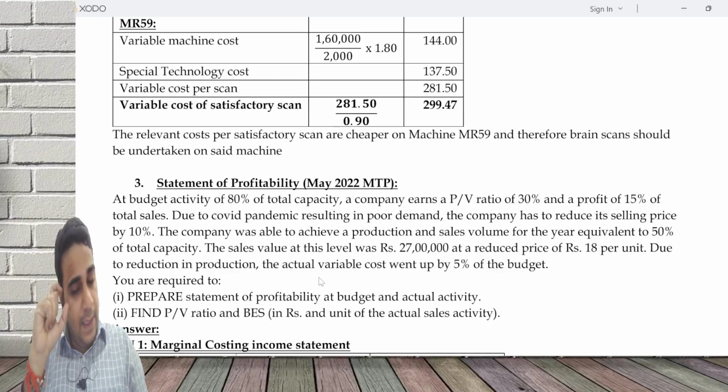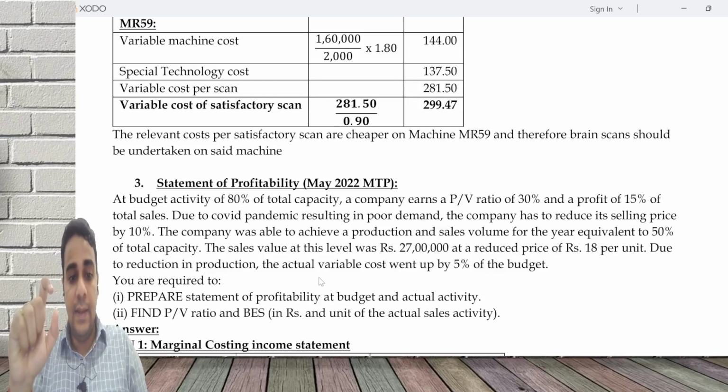Budget was for 80% of the capacity. Actual is 50%. At this level, the sales value is 27 lakh, price is 18. Due to the reduction, variable cost went up by 5%. Any change in variable cost represents a change in variable cost per unit. They've asked us to prepare a profit statement, PV ratio, break even point in units as well as in rupees.